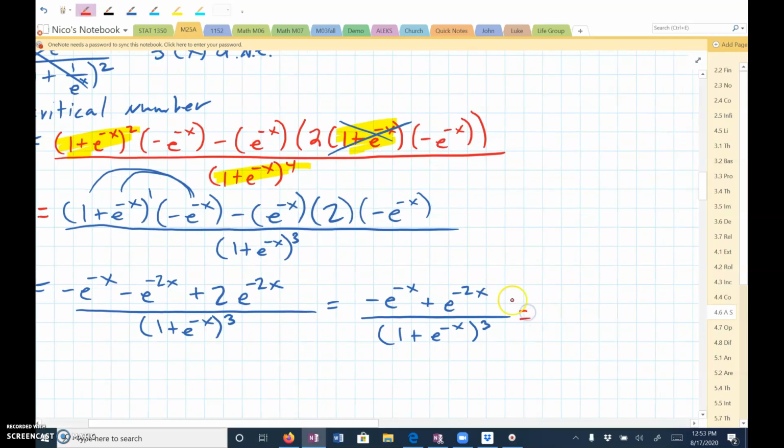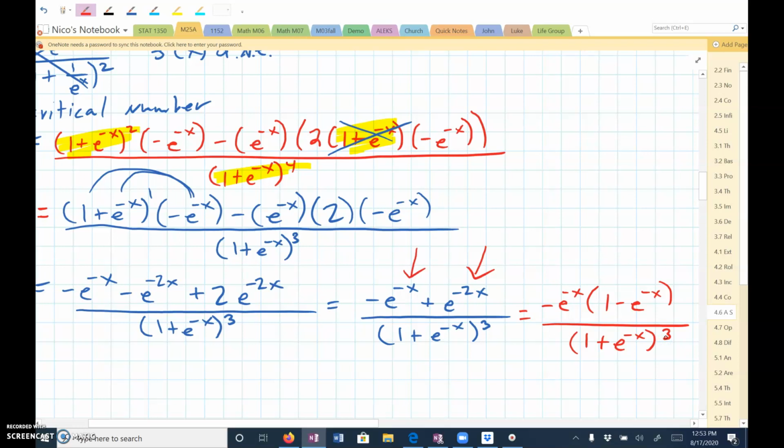Okay, this can factor a little bit more. We can factor out negative e to the negative x. That would just become 1. This would become negative e to the negative x all over 1 plus e to the negative x cubed.